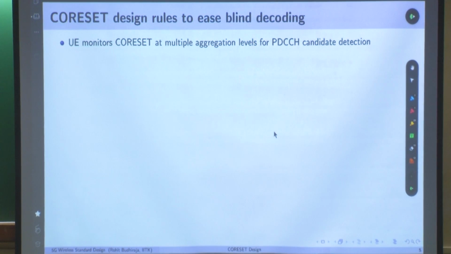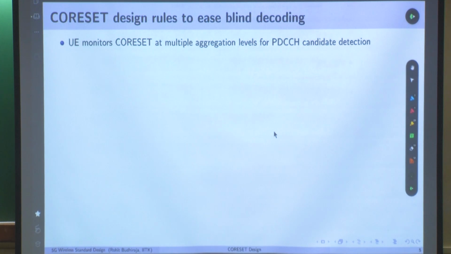I gave you an example wherein the UE monitors these CORESETs at multiple aggregation levels for PDCCH candidate detection. We took an example wherein aggregation levels of 1, 4 and 8 were defined for 2 different UEs, and it was searching for this PDCCH candidate.